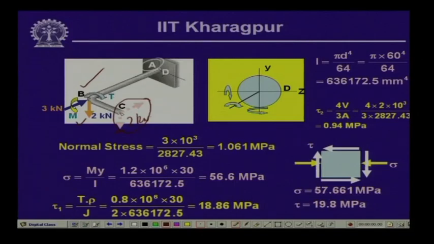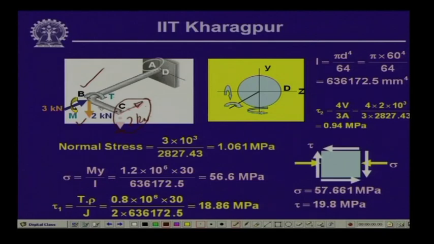The horizontal force of magnitude 3 kilonewton, if we shift it to point B, gives an axial thrust to member AB and is associated with a bending moment at point B of magnitude 3 kilonewton times this distance, which is equal to 0.4 meter.